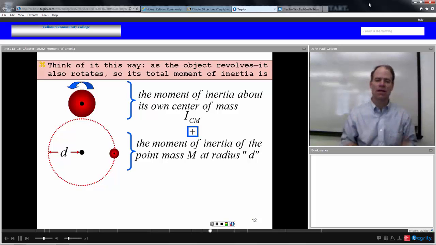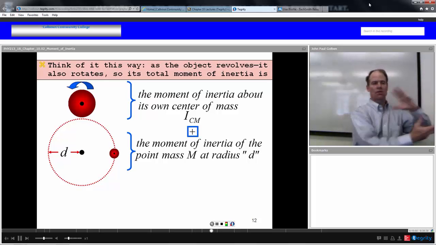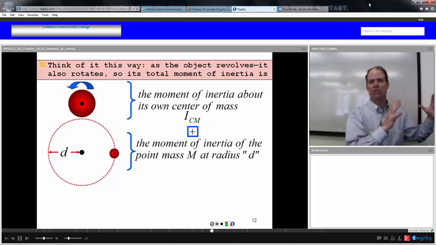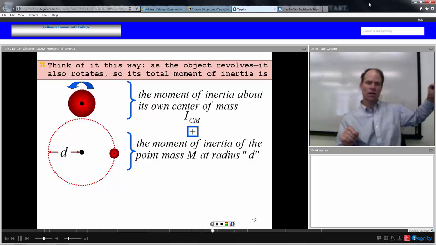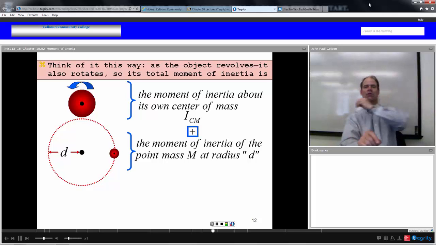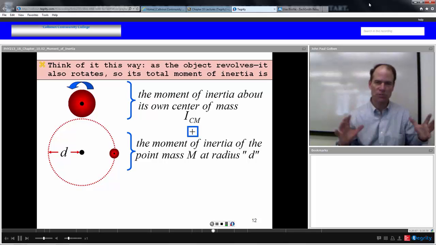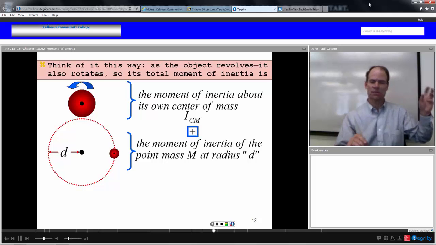An example would be like the Earth going around the Sun. Earth going around the sun is a sphere turning on its own axis. It's got a moment of inertia associated with that, but also it's got an md squared of inertia associated with it going around the sun. And that's going to be much, much greater than its own central mass moment of inertia.